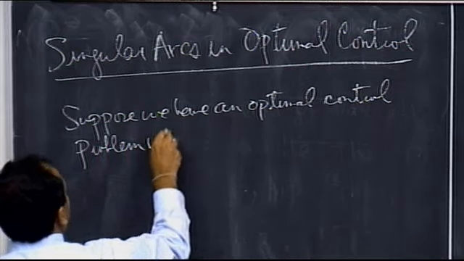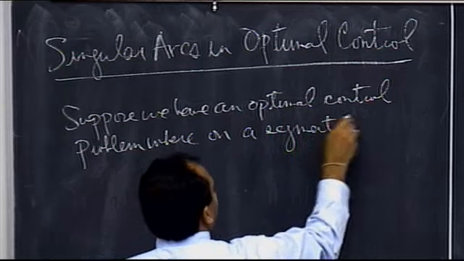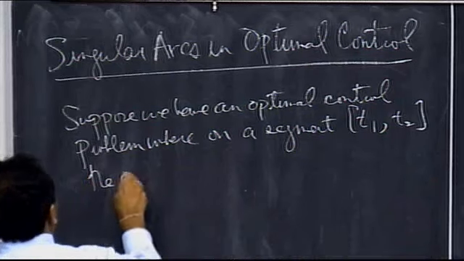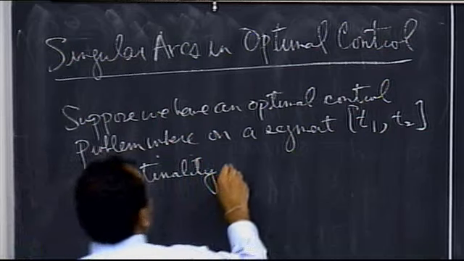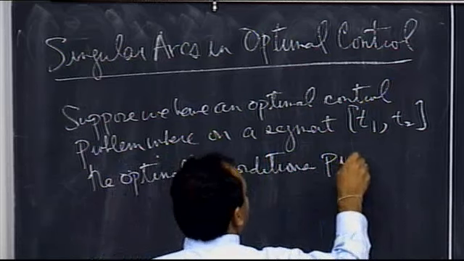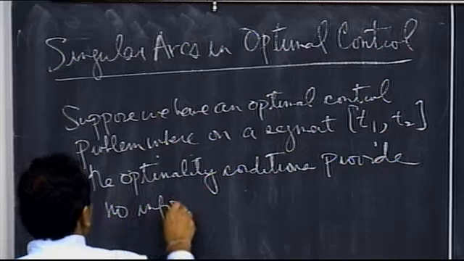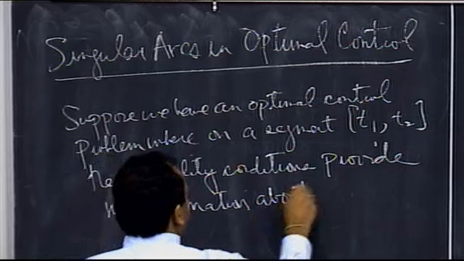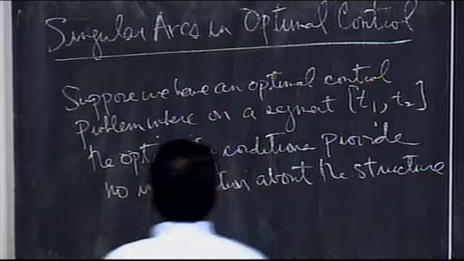Where on a segment T1 to T2, the optimality conditions provide no information about structure of the optimal control.